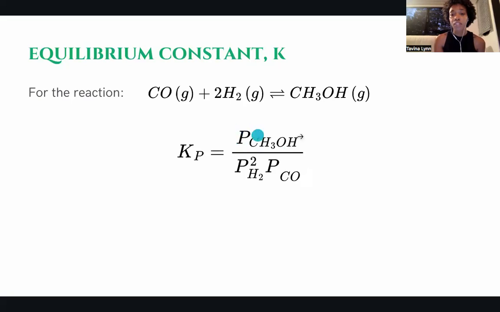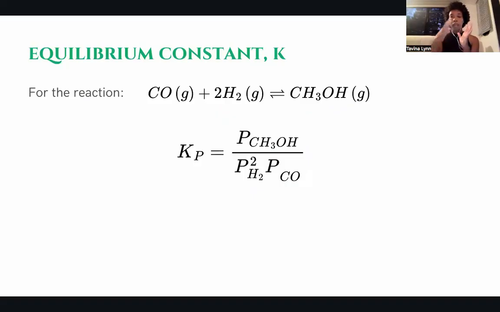This is the pressure of our product, CH3OH, or methanol, over the partial pressure of hydrogen gas raised to its coefficient times the partial pressure of carbon monoxide raised to its coefficient, which is 1.